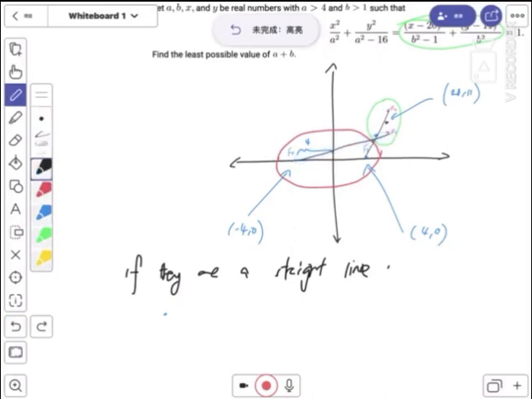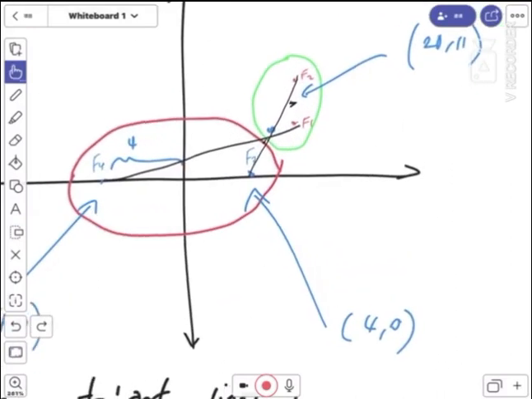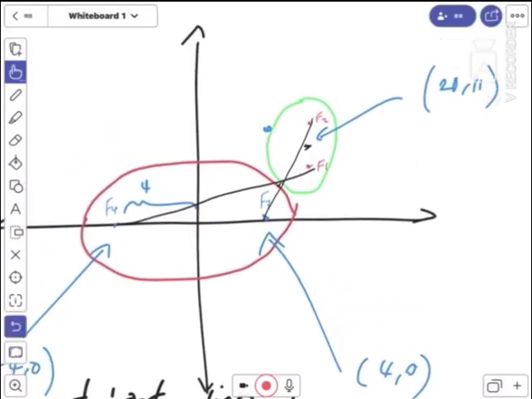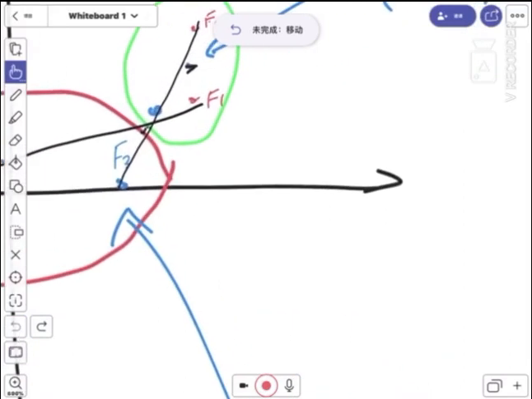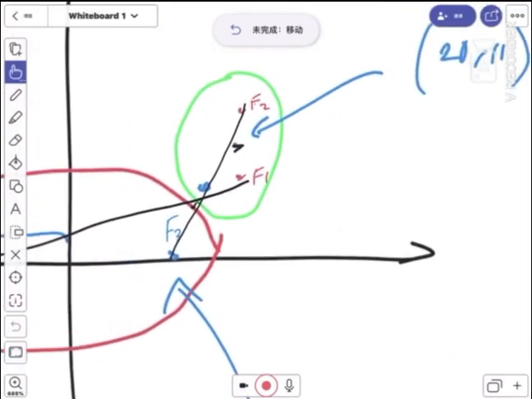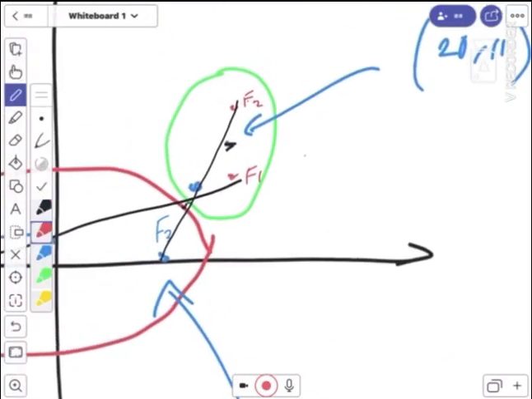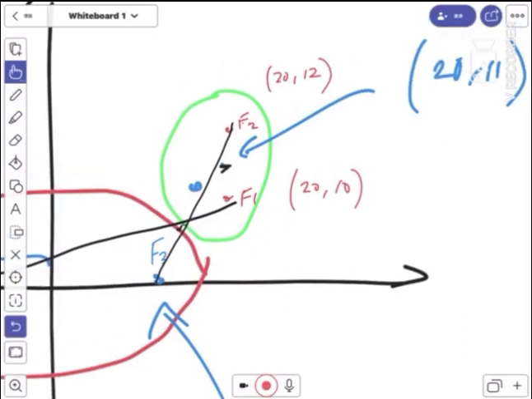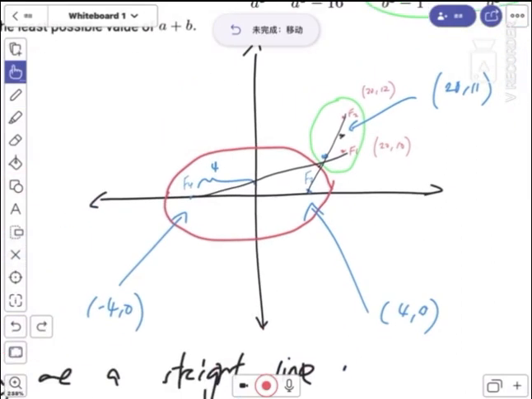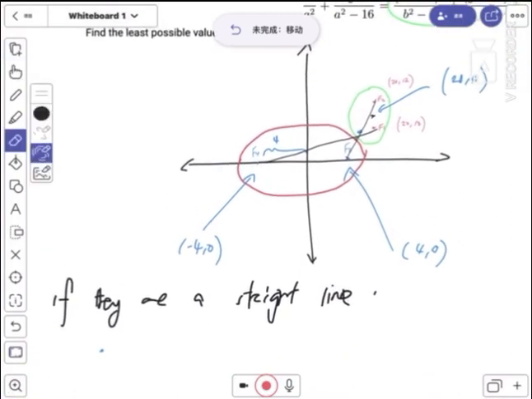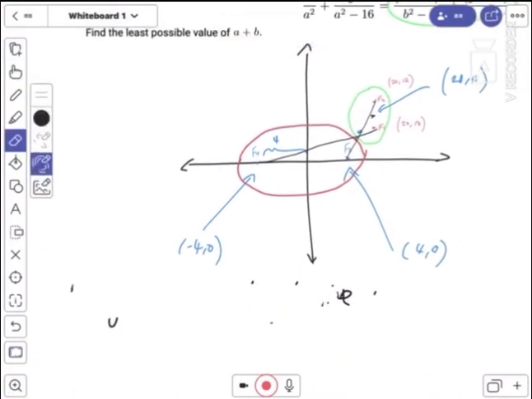Then we can find the coordinate of f1. So what is the coordinate of f1? f1 is (20, 10), and f2 is (20, 12), since we know the length from the foci to the center.